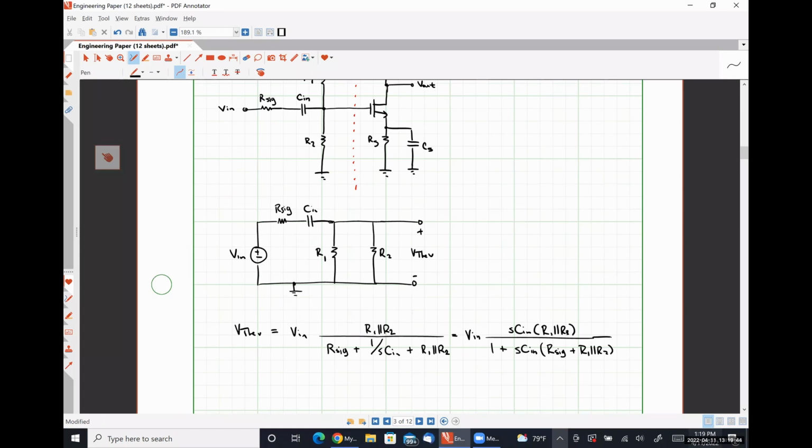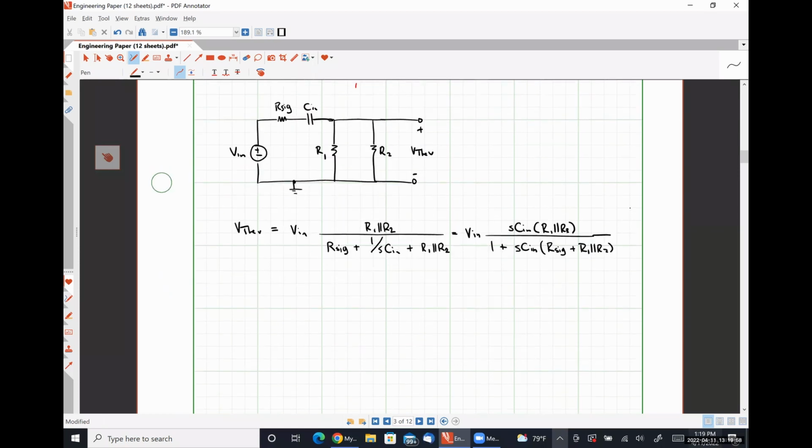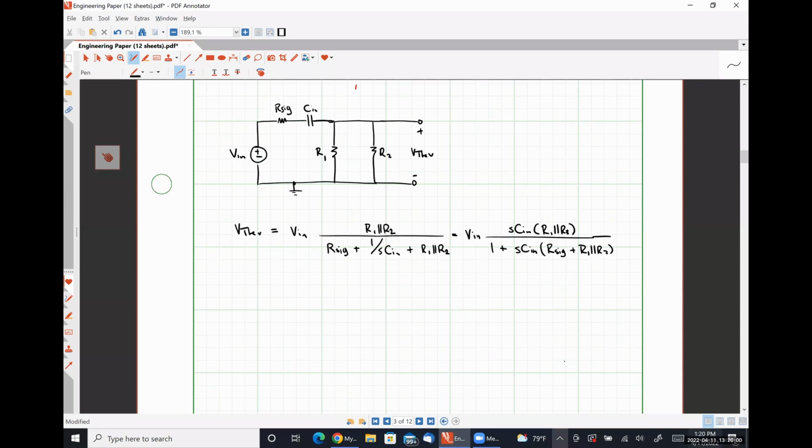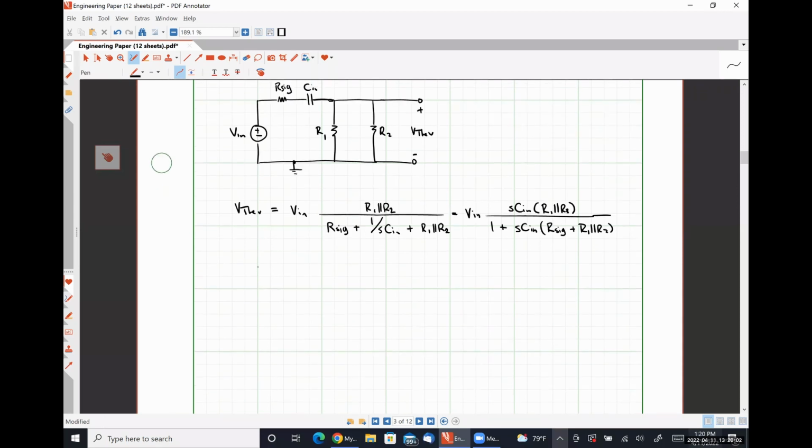How are we going to get our Thevenin equivalent resistance or impedance in this case? We would be looking in through here with Vn turned off. I'm going to draw it out explicitly. But our Thevenin equivalent impedance, we need to be looking at a dead network, so that's why Vn is turned off. Here we have R sig.